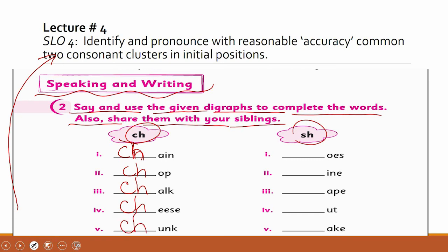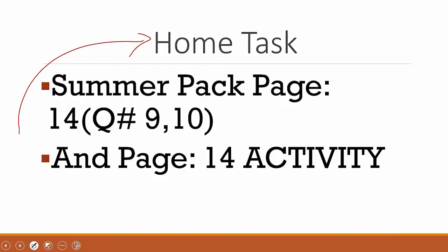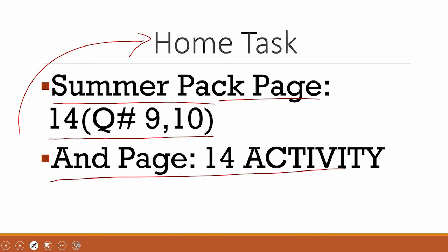Ch, chunk. Sh, shoes. Sh, shine. Sh, shape. Sh, shut. Sh, shake. Home task: summer pack page 14 and page 14 activity.